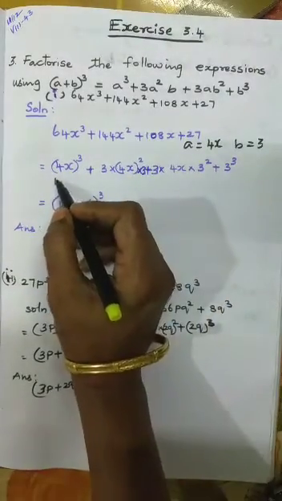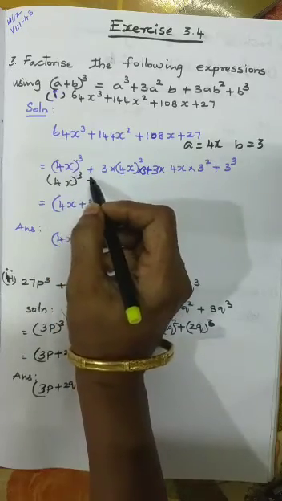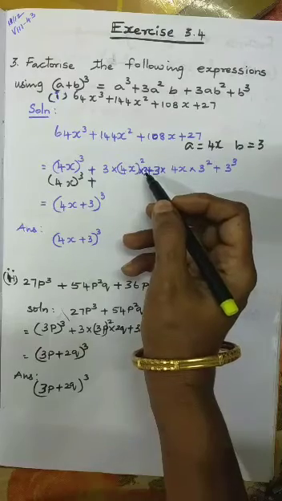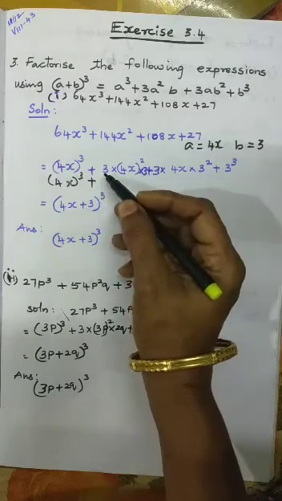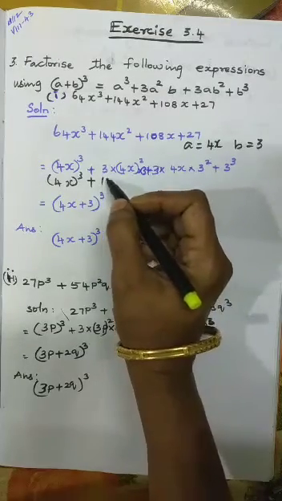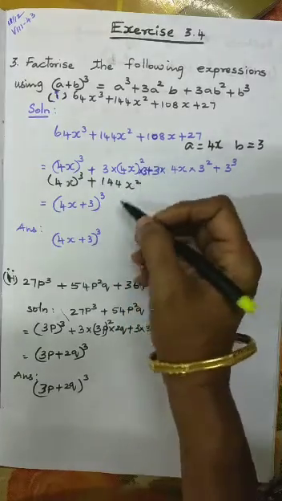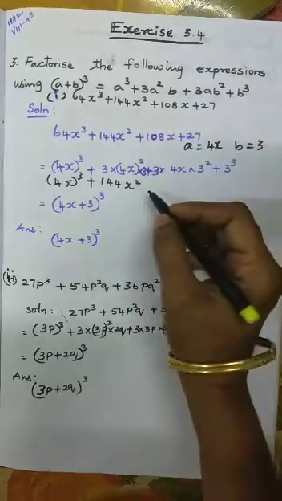Now see, 4 4s are 16. So we can write this as (4x) the whole cube plus 4 4s are 16. 16 3s are, 16 9s are, 3 3s are 9, no. So 9 16s are 144x square. It came, isn't it? The question also, we have 144x square.